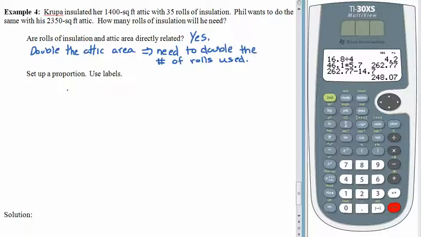So let's set up something that talks about attic area, some square feet, and we'll compare that to the number of rolls of insulation. So our fractions are going to look like that. We're going to need one fraction for Krupa's house and another fraction that describes Phil's house.